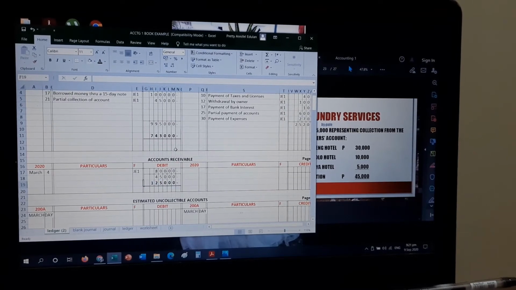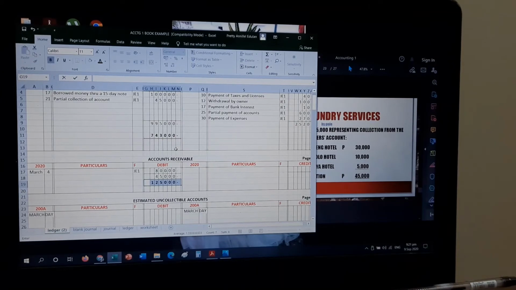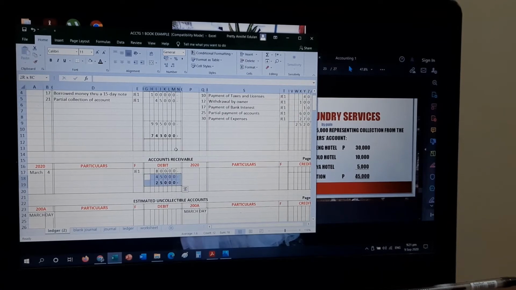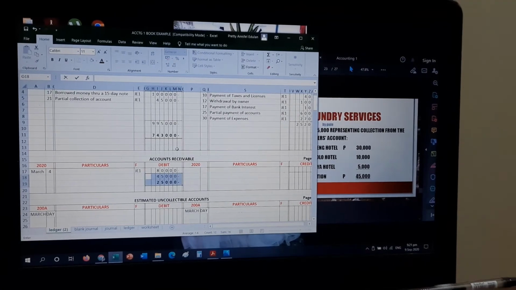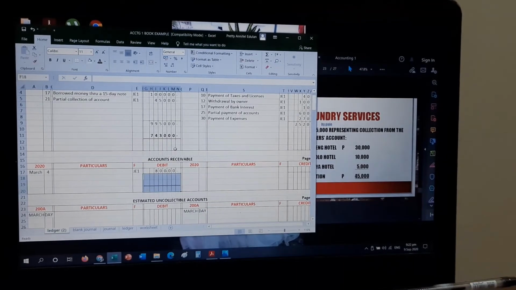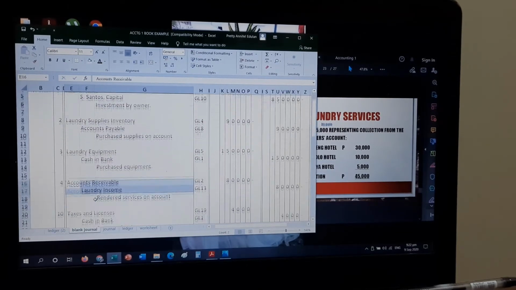No, go back to your transaction. Why? Because at first you rendered services, but they partially paid for the services we have rendered. Right? They partially paid on the date of March 21? No. So how much was being paid? Go back to your journal.